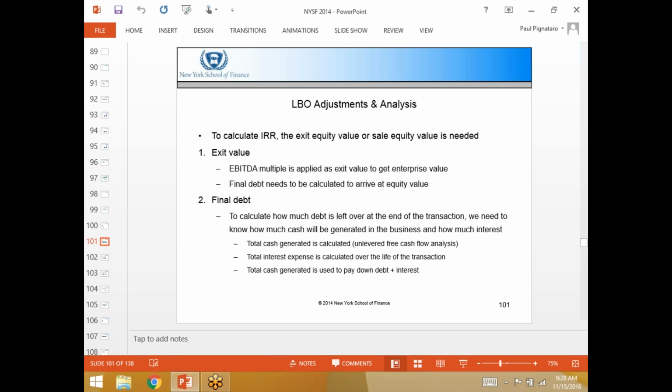It's 1 over number of years, and the whole thing is minus 1. Just the compound annual growth rate.